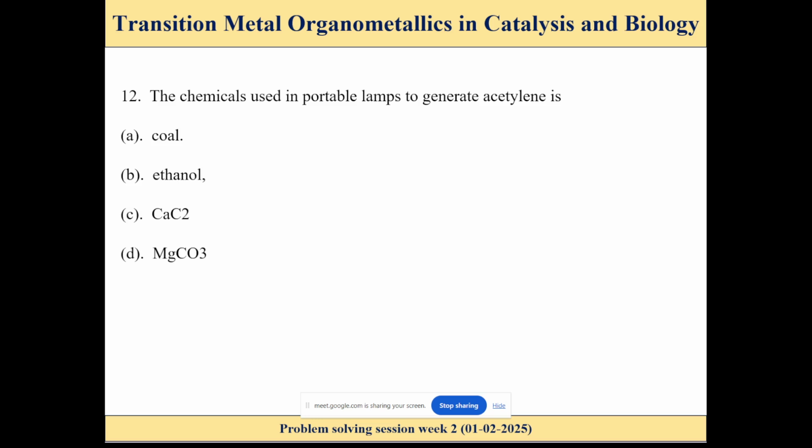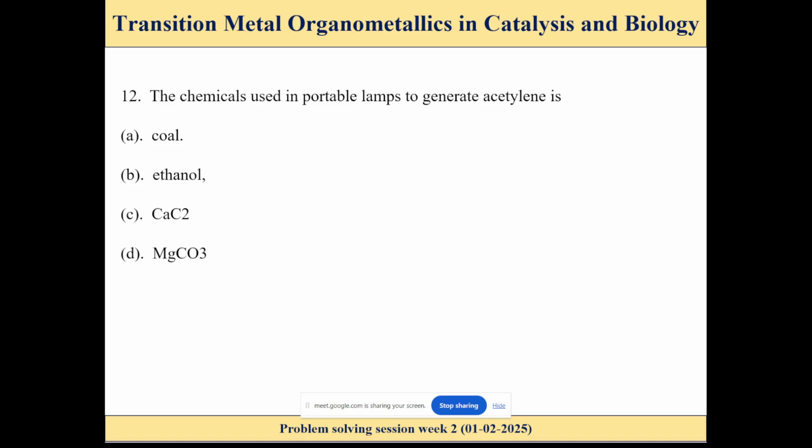Here we know that the main source of acetylene is the non-renewable energy source, coal, but in the lamps the cheapest carbide source was used. Alkaline earth metal carbides are the best source for producing acetylene.